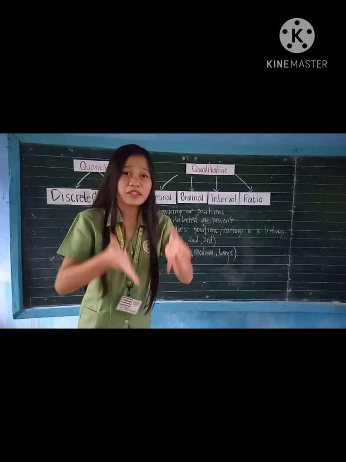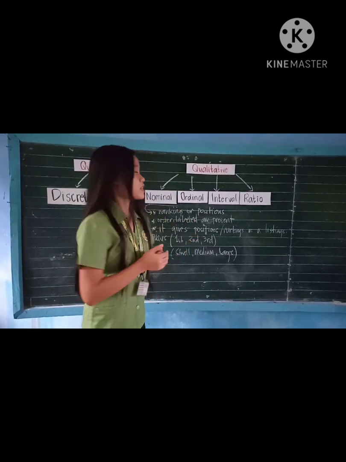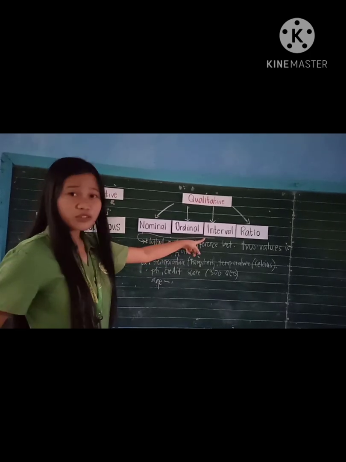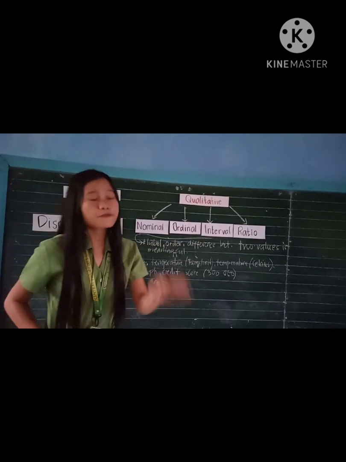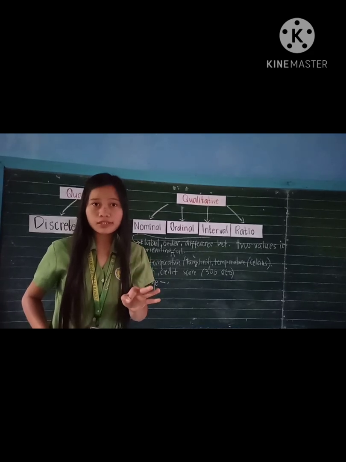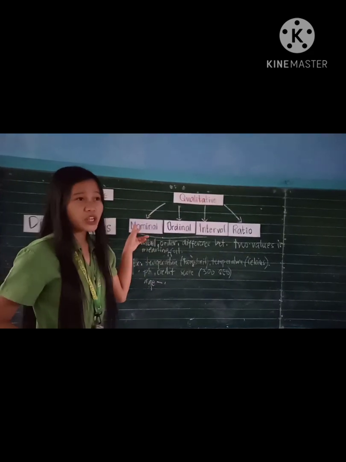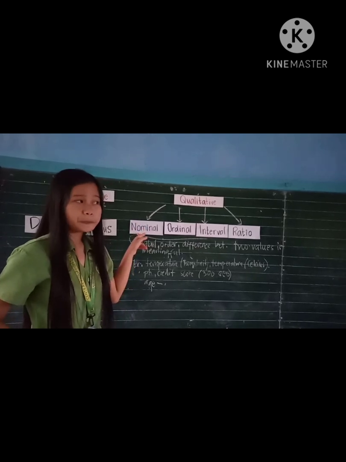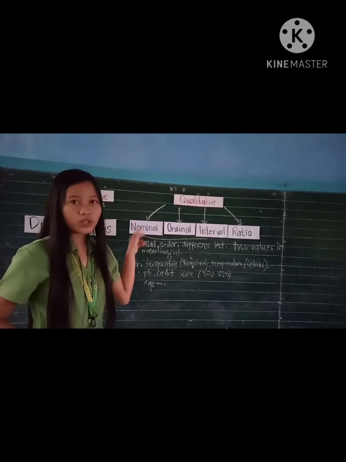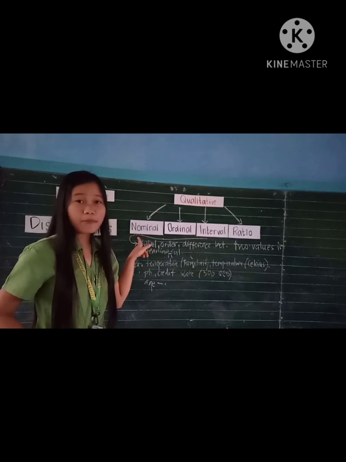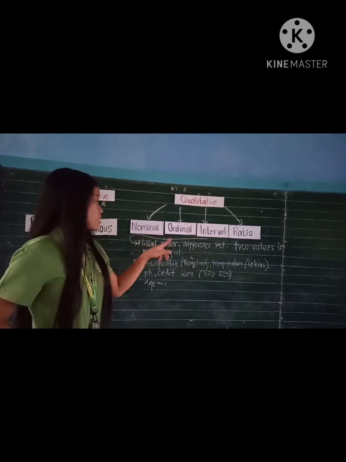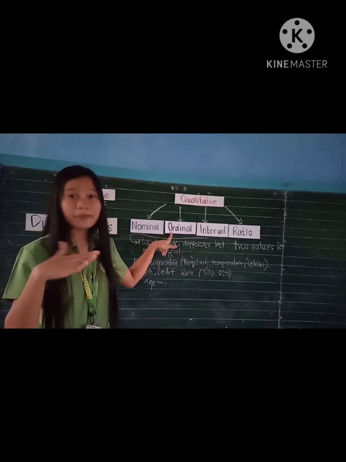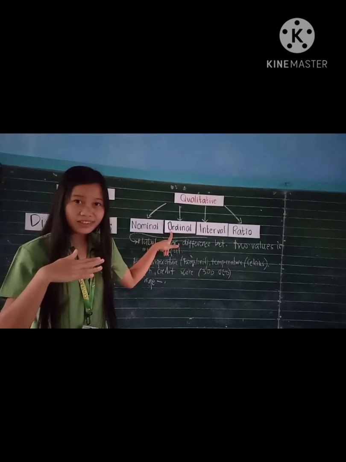There is an arrangement. The third level is the interval. In interval, it has three properties. The property present in nominal is that it has a label or tag, or it can be just a name of categories. In the second, which is the ordinal, it has an order, and it has a label.